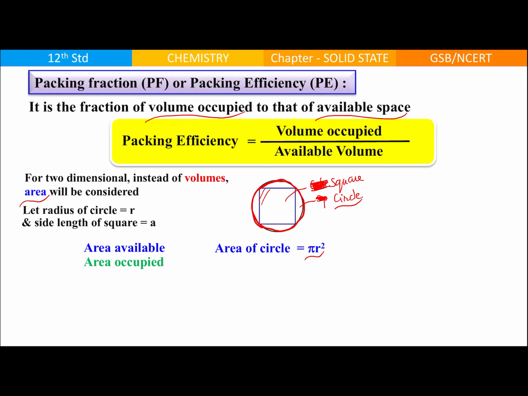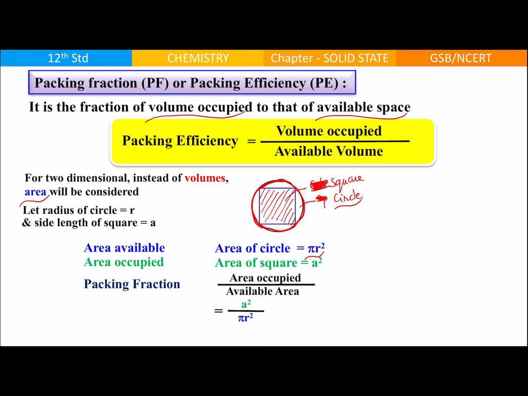We imagine this is what is occupied in that circle. So the area occupied will be the area of the square, and that will be a square by our geometry. So what will be the packing fraction? Area occupied upon area available. Area occupied is the area of the square and area available is the area of the circle, that is pi r square.